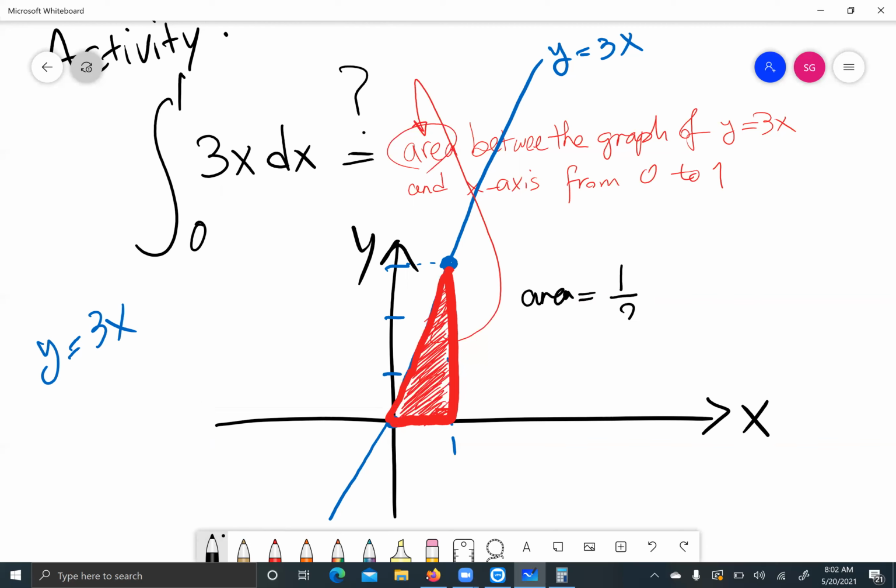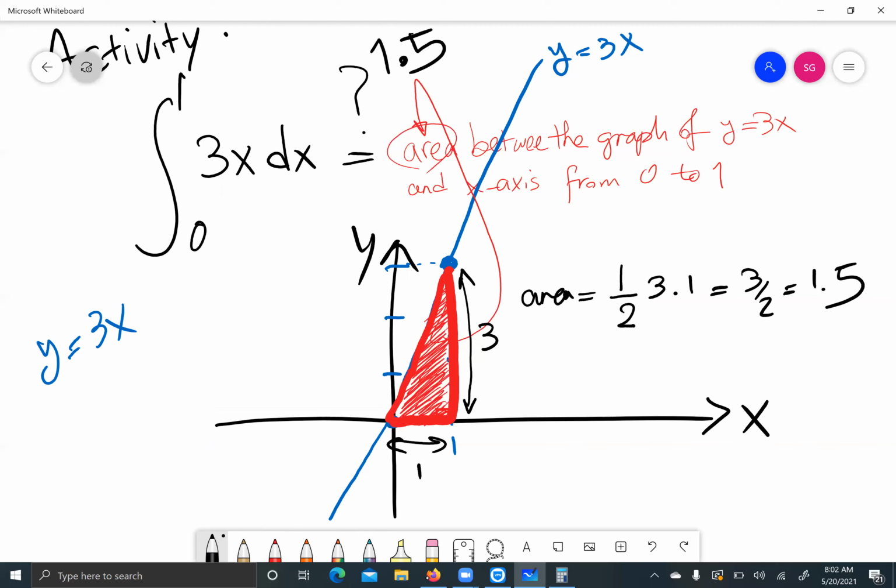It's half of base times height. Height is 3 times the base, and the base is 1. So it's going to be 3 over 2, or 1.5. That's it. So we use geometry to evaluate this area, but we know that that is the same as this integral.